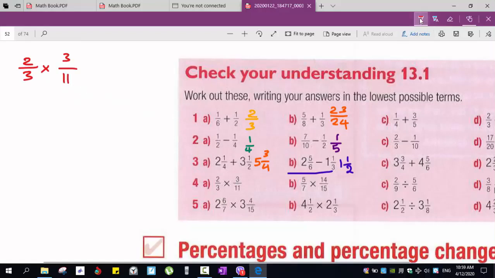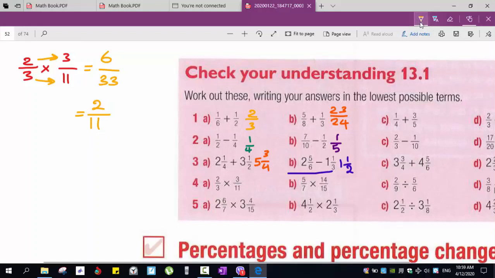So remember, it is only for multiplication that you multiply these numbers together to get the result. 2 times 3 is 6, 3 times 11 is 33. 6 and 33 are both divisible by 3, then we will get 2 over 11.